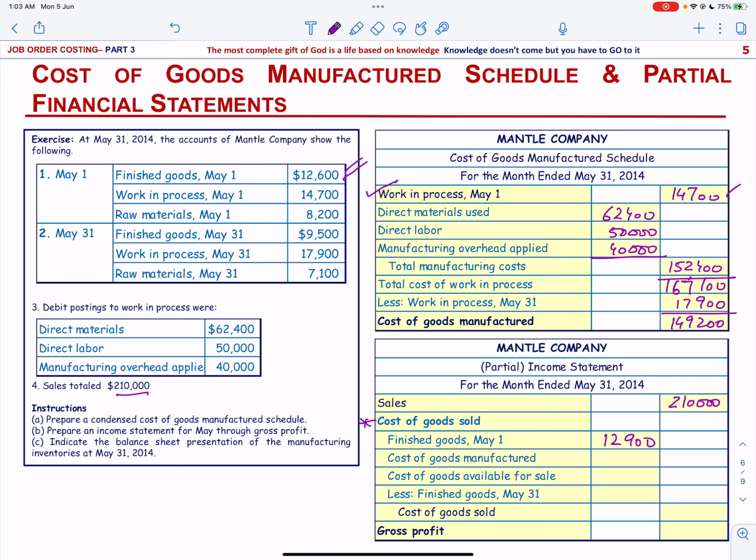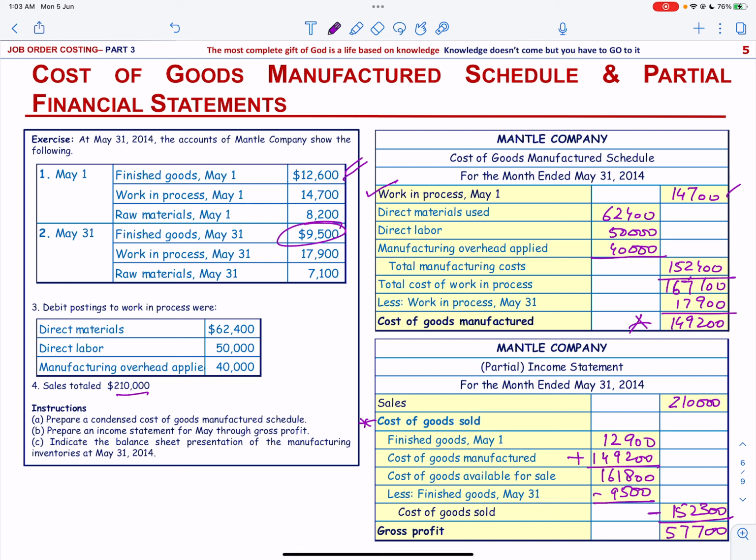Then we have the cost of goods manufactured, we have calculated just now, 149,200. So the cost of goods available for sale, we sum it up, that is 161,800. From this we are going to subtract the ending finished goods, which is 9,500, and this will give us 152,300. This is the cost of goods sold.